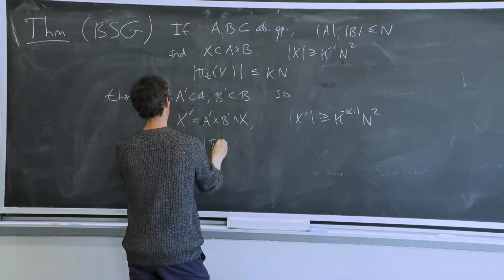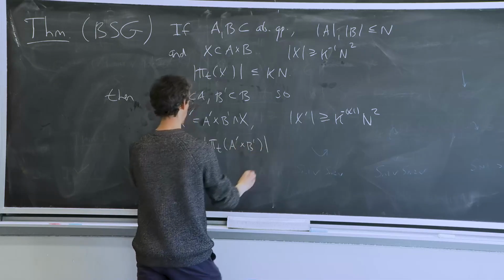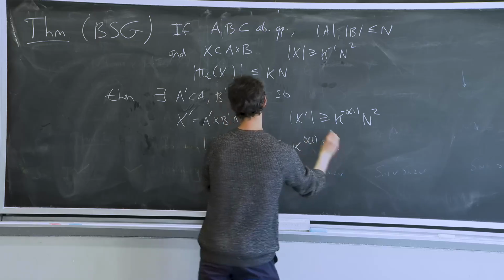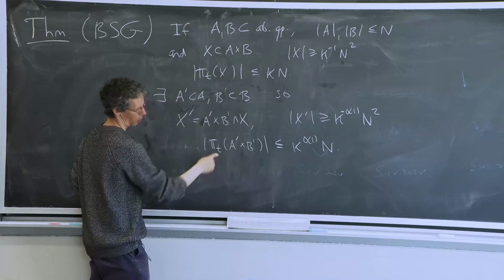And if I take pi t of A prime cross B prime, that is less than k to some power times n. So this is small.